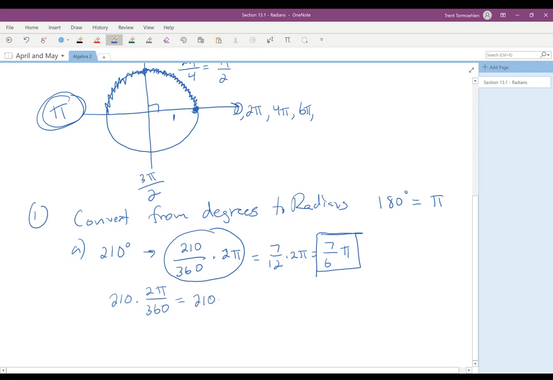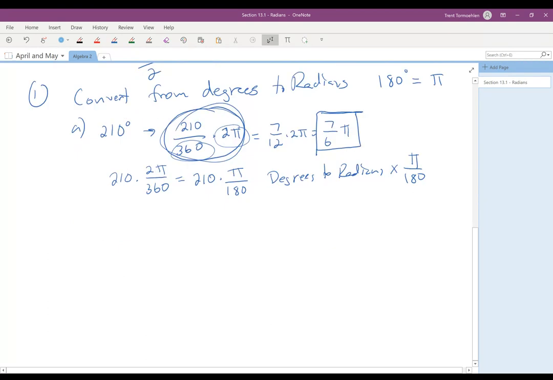And so what your book says is, if you want to convert from degrees to radians, all you really have to do is multiply by pi over 180, right? Because that's ultimately what I did right here. I multiplied by 2 pi and I divided by 360, and 2 pi over 360 simplifies to pi over 180. So you just take the degree measure, multiply it by pi over 180, and you have your radian measure.